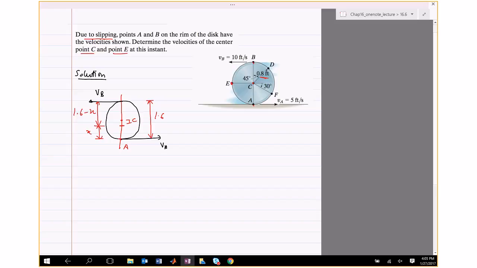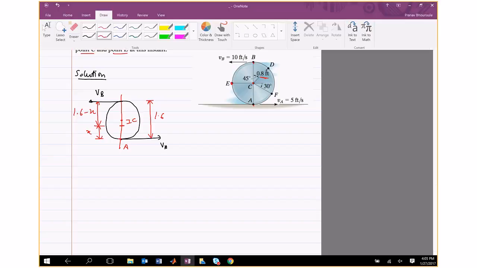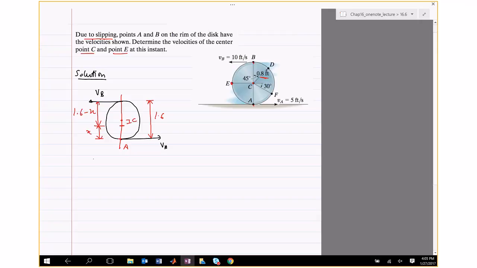Knowing that, let us try to apply the IC formula. It says that the velocity of point A is going to be the angular velocity of the disk times the vector from A to IC. Similarly for B, there's omega times r of B with respect to IC.